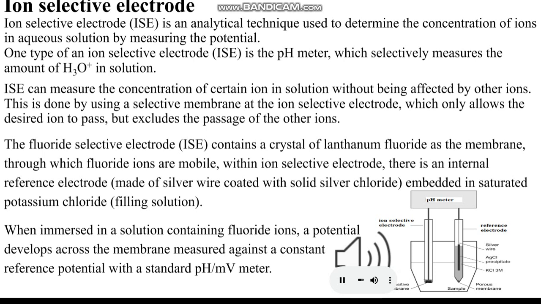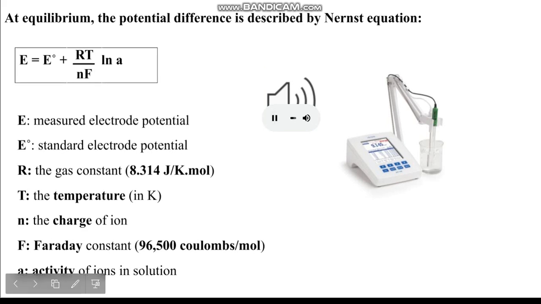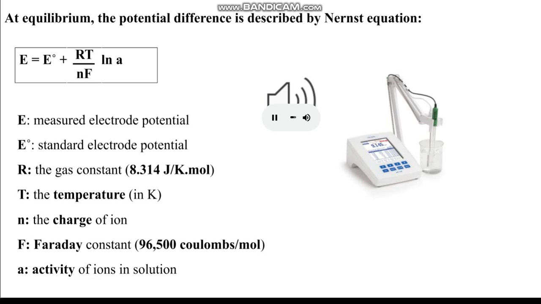When they are immersed in aqueous solution containing fluoride, a potential develops and is measured using a pH meter. The potential developed at equilibrium, which is the potential difference between the reference electrode and the ion selective electrode, can be described by the Nernst equation.